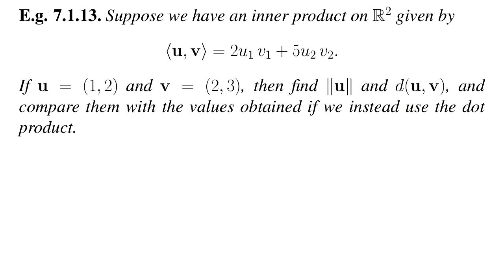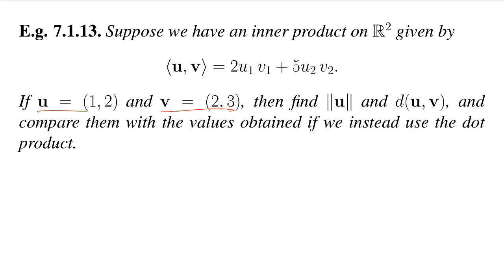Okay, so let's look at an example. Suppose that we've got this inner product on R2 given by this. It's one of these weighted inner products on R2. And let's take two vectors in our space, okay? U and V. And we then want to find the length of U and the distance between U and V using this inner product and compare them with what we get if we use the dot product.